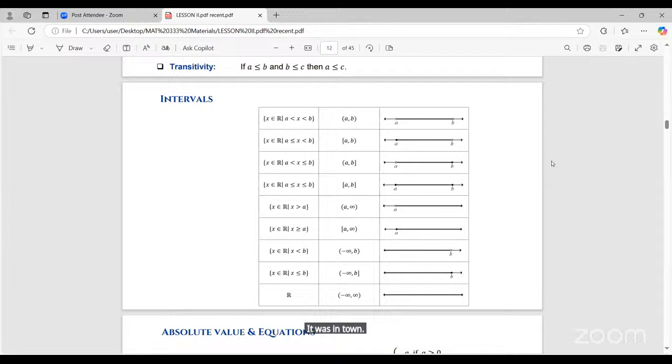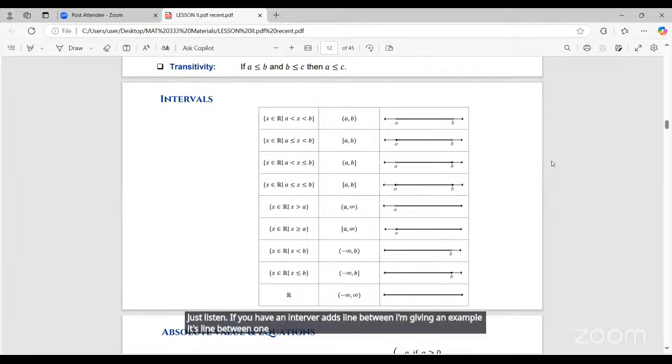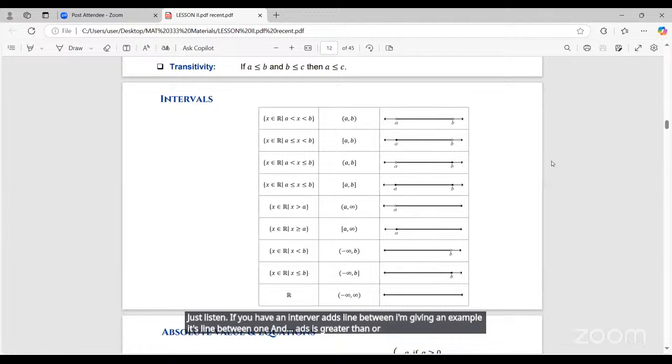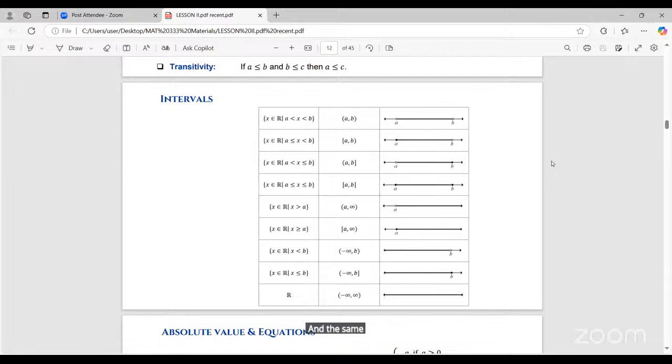The closed interval, when the circle is shaded. Just listen. If you have an interval, I'm giving an example, x lying between 1 and 2. x is greater than or equal to 1, and the same x is less than or equal to 2.